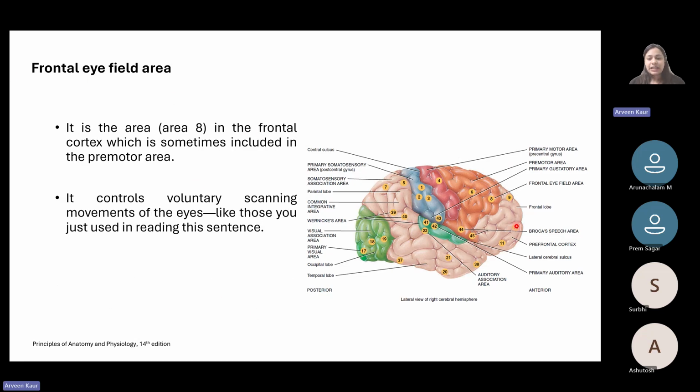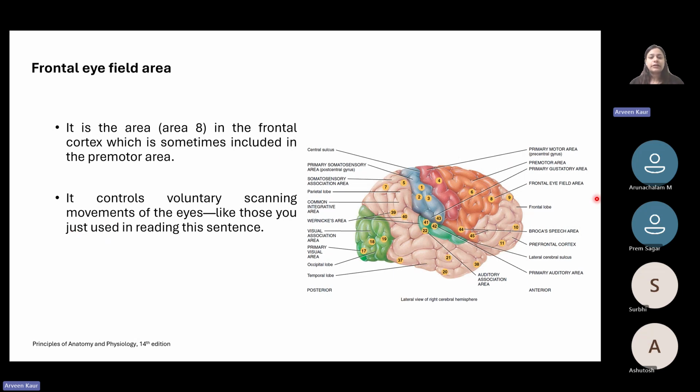Then comes the frontal eye field area. This one, area 8, is located in the frontal cortex, which is sometimes included in the premotor area as well. It controls voluntary scanning movements of the eye, like those you just used in reading the sentence, right? So that is also a motor function of the eye, right?